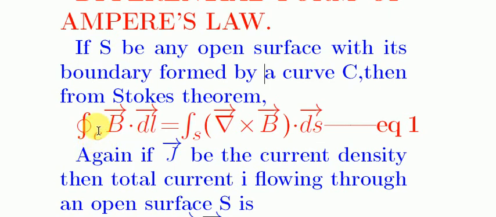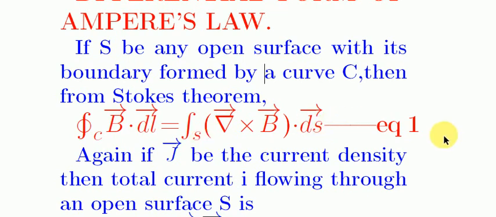This symbol is the symbol of closed line integral, and this is the symbol of open surface integral. This is an integration and S is at the suffix of this integration.